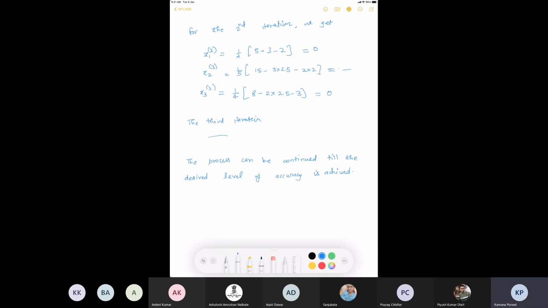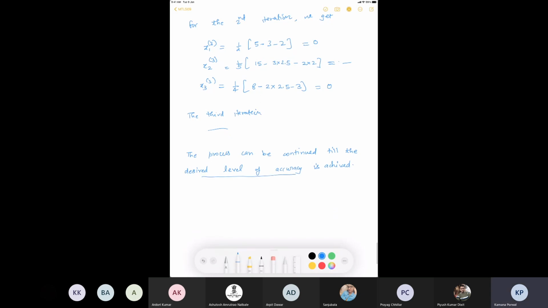So when I say desired level of accuracy, you have to find the relative error at each iteration level, and that has to be less than or equal to a given epsilon. So this is given by the user.